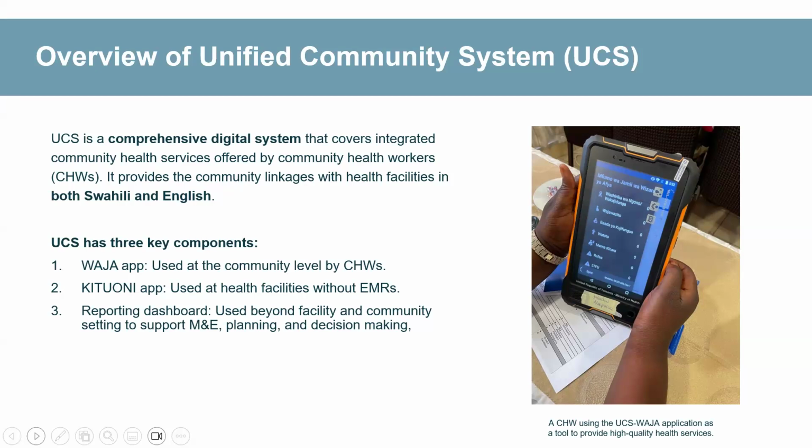It provides the community linkage with the health facility. It also contains both languages, English and Swahili, so as to make it user-friendly for all HEWs. It contains three components: Wadia application, Kituoni application, and dashboard.